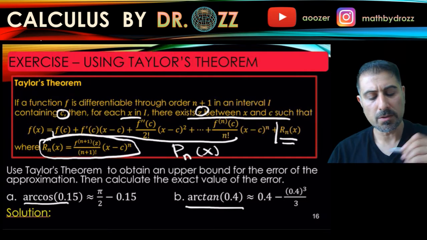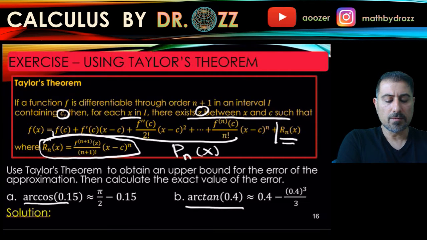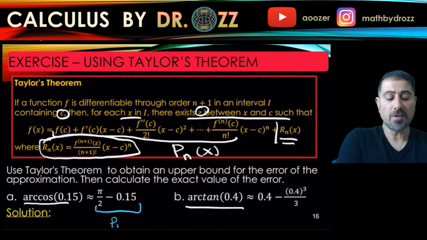Apparently P1 is being used here because you have only two terms, pi over 2 and 0.15. So this is the Taylor polynomial of order 1 evaluated at 0.15.